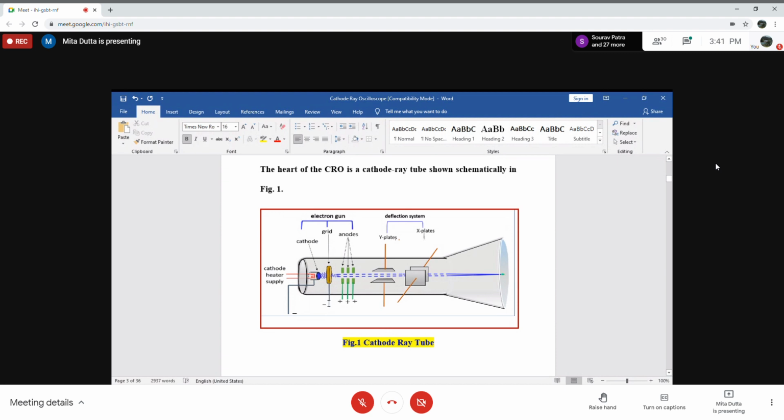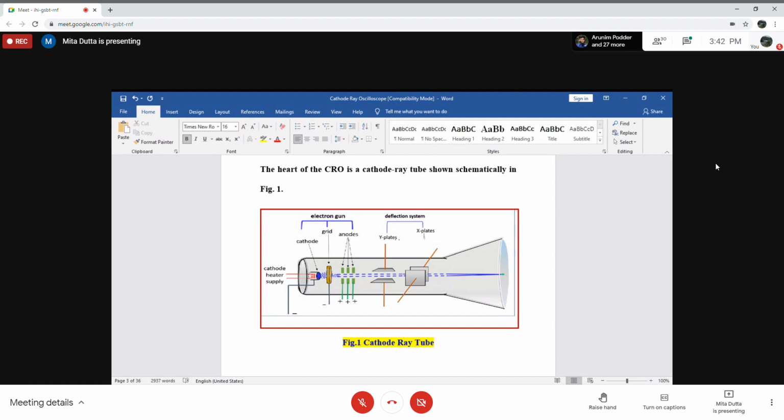This grid is kept at a negative potential, and depending upon this voltage, the number of electrons in the beam is controlled. The higher the number of electrons, the higher the intensity of the electron beam. So this grid is known as the intensity control grid, and there is a knob on the front panel of the oscilloscope.